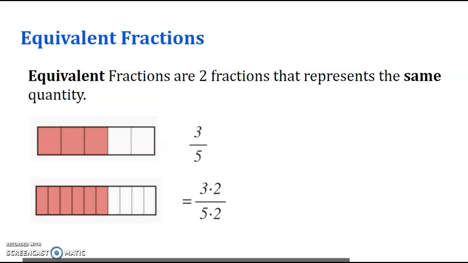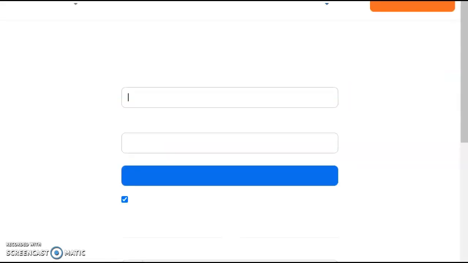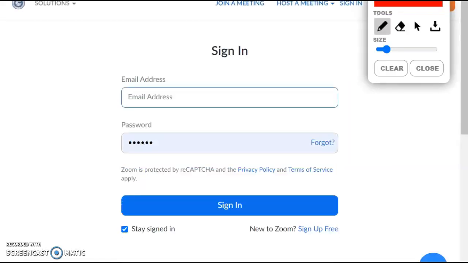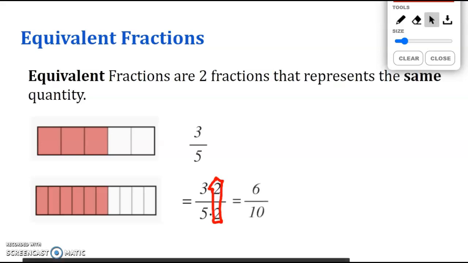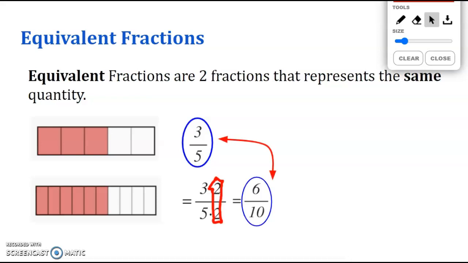I am always allowed to multiply anything by 1, my giant one. And that is why I can multiply the top by 2 and the bottom by 2, and that gives me my equivalent fraction, which is 6/10. So 3/5 and 6/10 are equivalent, and you can see it visually as well.